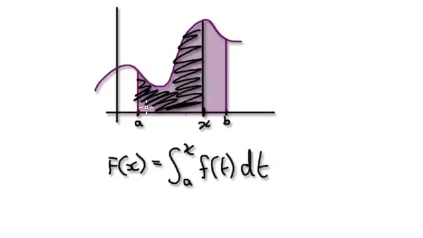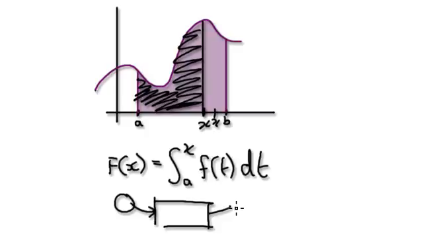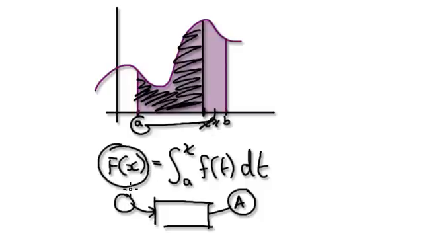So we've in a way created a machine where no matter where x is, if you put it into this machine, it will spit out a number. Well, this number will represent the area from a to x. So this is like a function. You put the location in, and then it will spit out a number that represents the area.